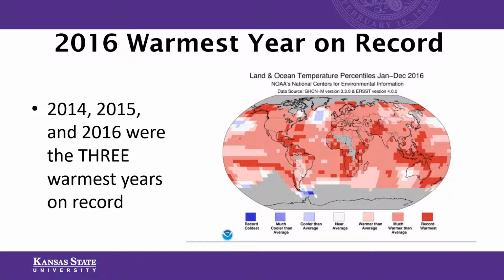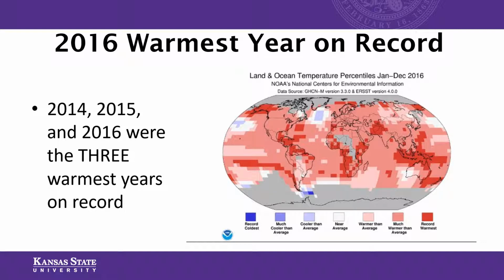This made 2016 the third year in a row to set a new record for global average surface temperatures. We first were able to say that 2014 was the warmest year on record. We then said that for 2015, and then we said it again for 2016.